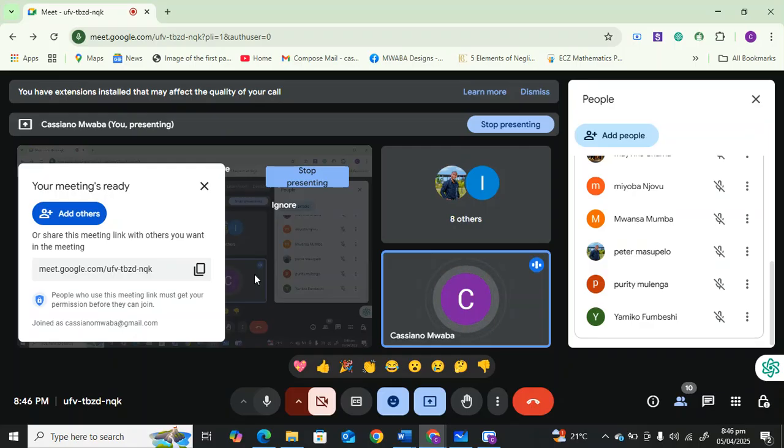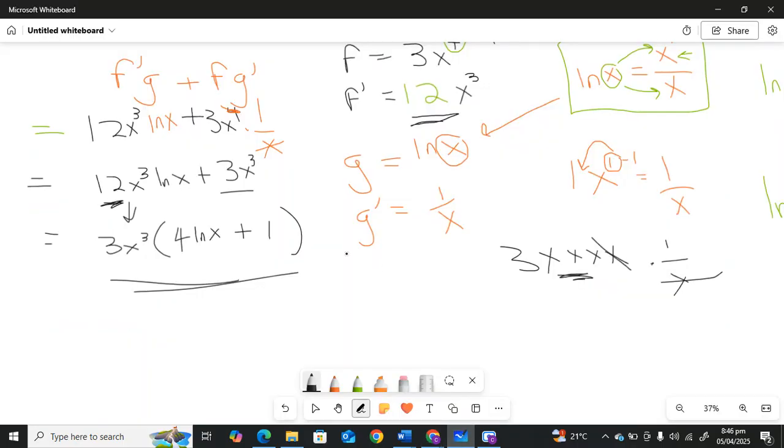Try to put it on flight mode and try to come back on it. Is everyone else's network okay? Do we all have good networks? Those who have bad network, try to just put on flight mode. But any questions so far here? Remember, ask before we go further, because the next question is another rule. We'll be deriving, but it's another rule. So we don't want the confusion to start building up.